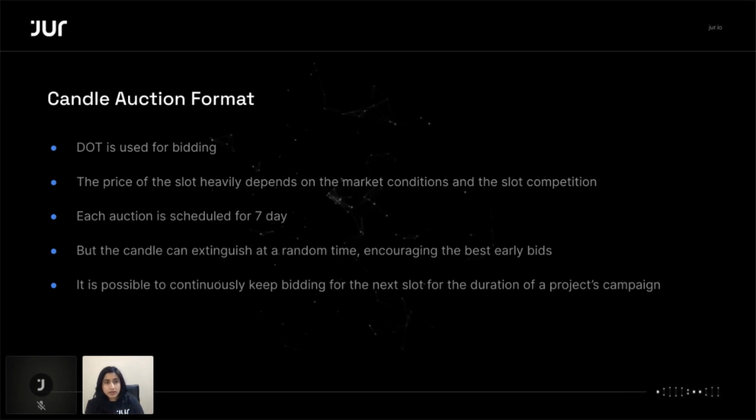But what really happens is that the auction code is designed in a way that it randomly chooses a day in between, and takes a snapshot of the bids, and whoever has placed the highest bid until then would naturally win the slot. So because of this mechanism, it helps when the projects place their best bids early. So it again keeps the competition very healthy.